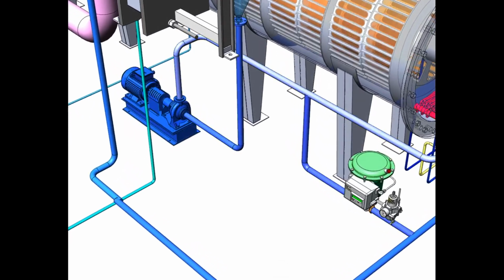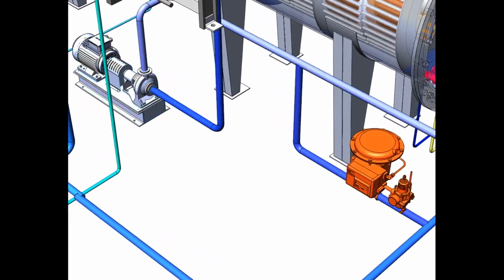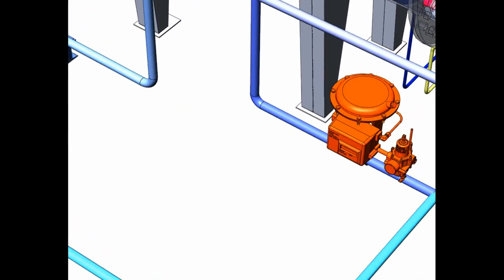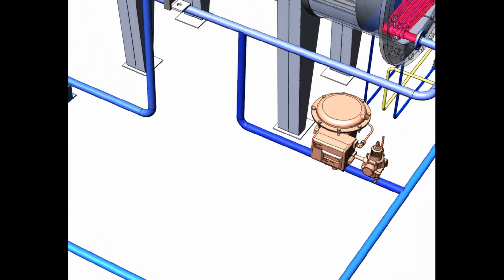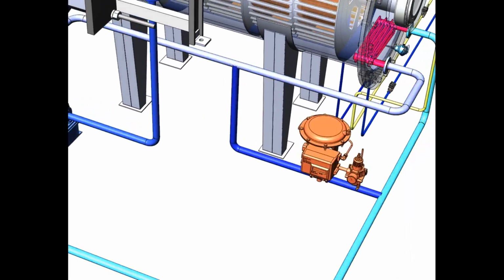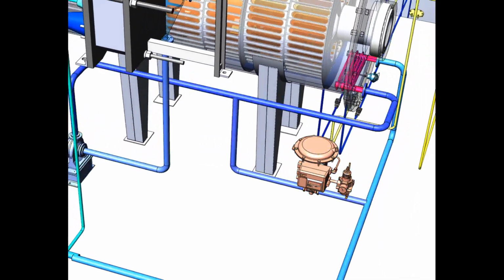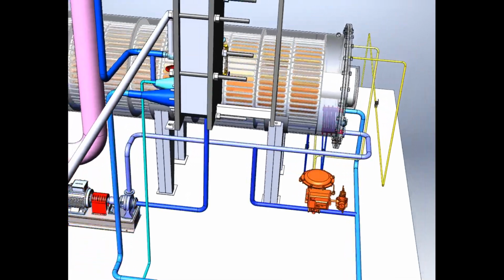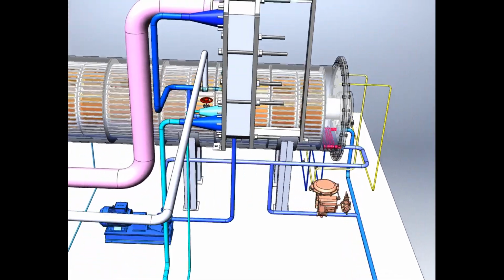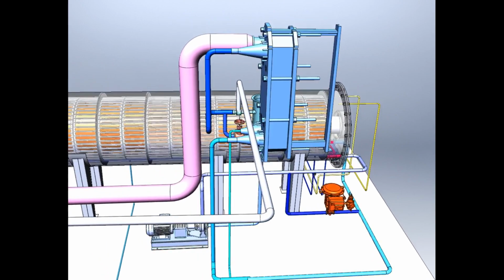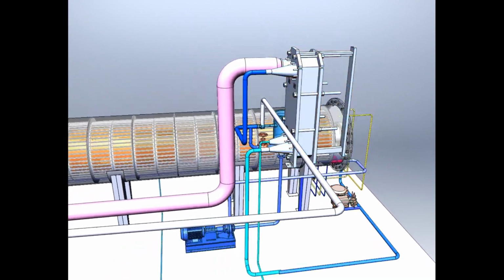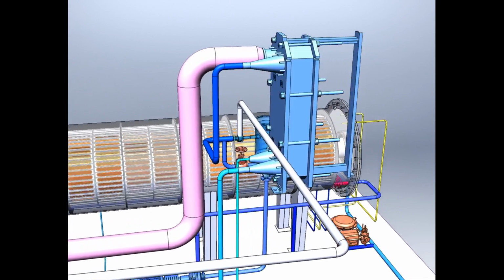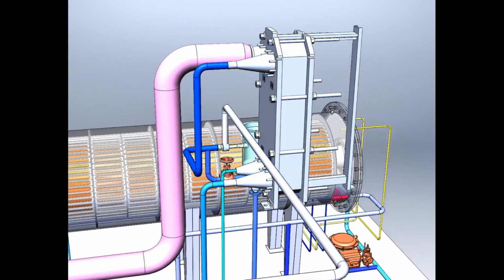Regulation of the coolant flow in the bypass section is carried out by shut-off and control valves with an electric drive. Cooled to 23 degrees, the coolant enters the plate heat exchanger and, condensing the steam, heats up to 26.5 degrees.